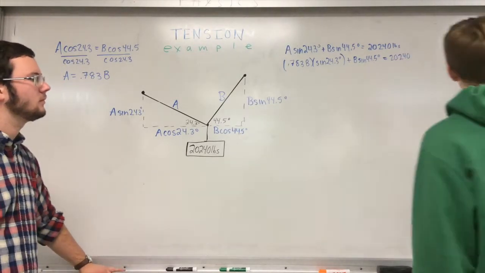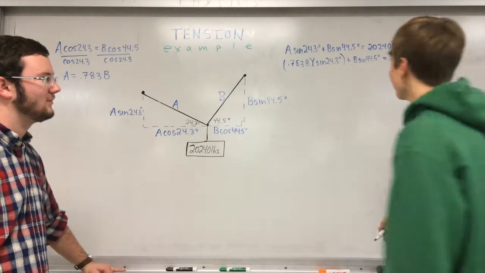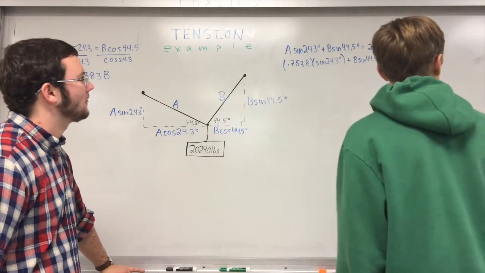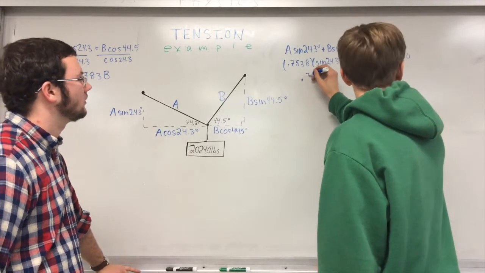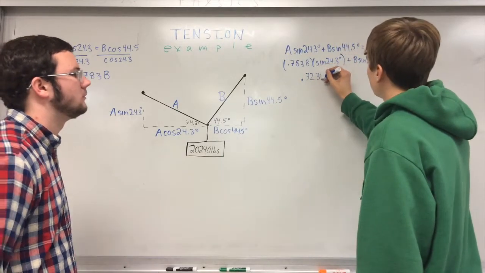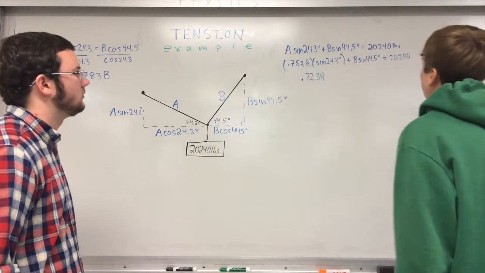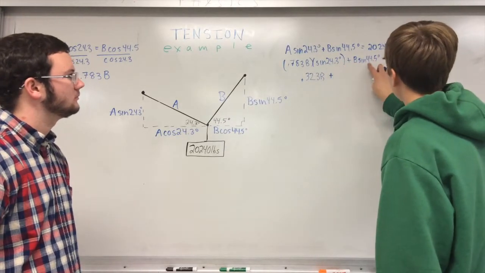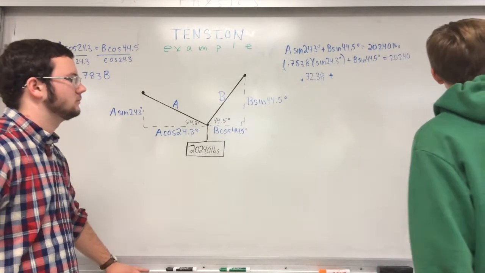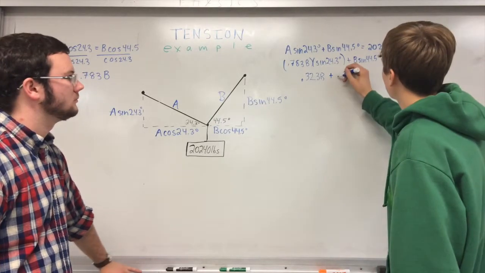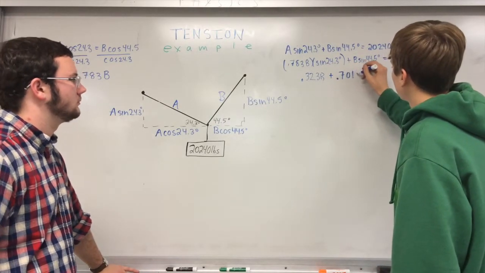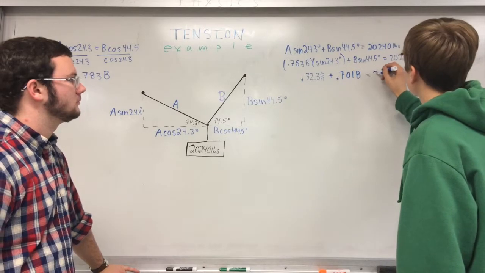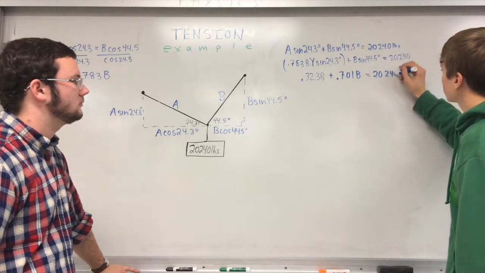Okay, so now with some other basic calculations, we find out that this is 0.323b, and those multiplied by each other. And we find the sine of 44.5, which is 0.701 times b, equals 20,240 pounds.